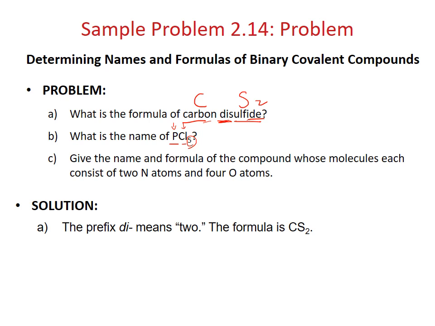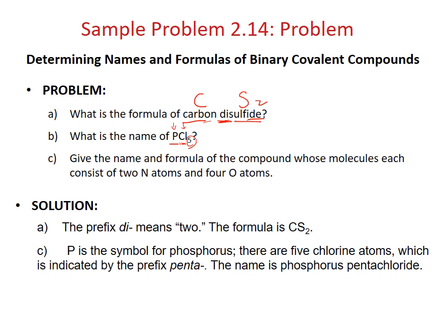Because both phosphorus and chlorine are non-metals, it's a covalent compound. You need 5, and the chlorine becomes chloride, and therefore the name should be phosphorus pentachloride. Penta means 5. Again, you need to first identify that the compound is covalent, and then you can use penta. Otherwise, you don't need it for an ionic compound.